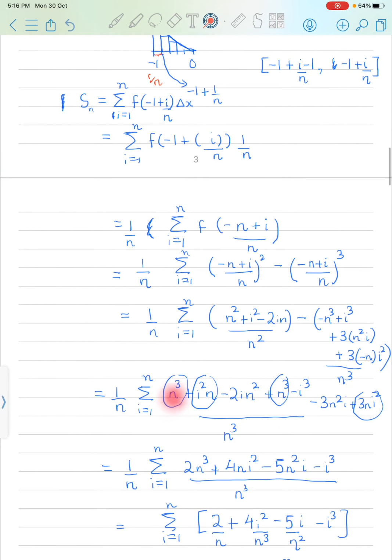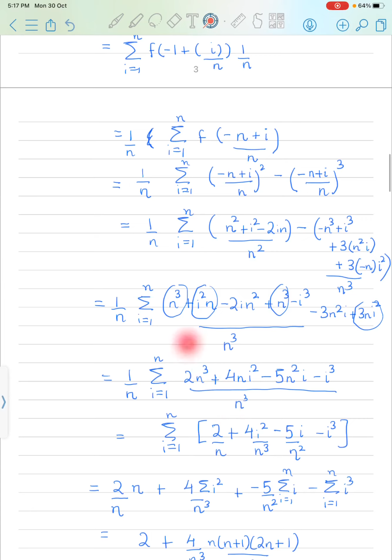So you will get n cubed, multiplied by n, i squared n minus 2i n squared. And since the minus sign is sitting here, minus n cubed will become n cubed, i cubed will become minus i cubed, 3n squared i will become minus 3n squared i, and minus 3n i squared will become plus 3n i squared, over n cubed.